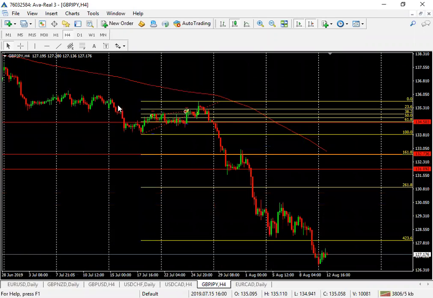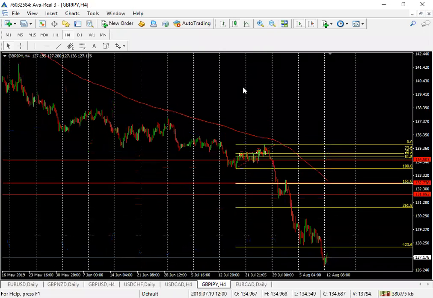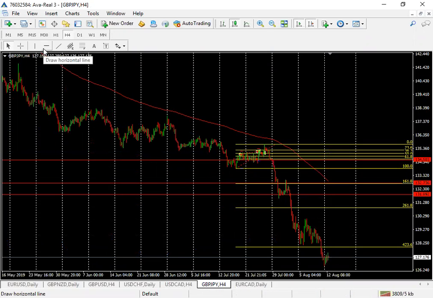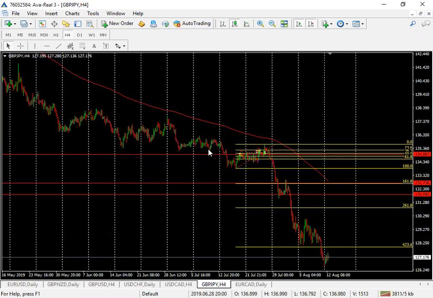The GBP JPY. If you guys remember, we marked off, I think it was this level there. You can see that was a sell, right?